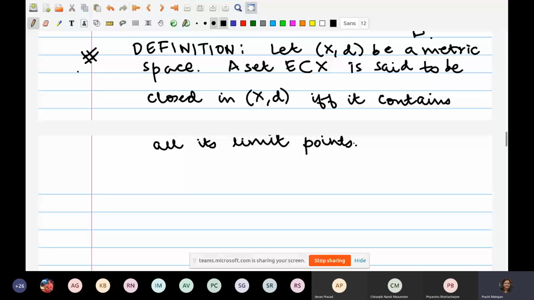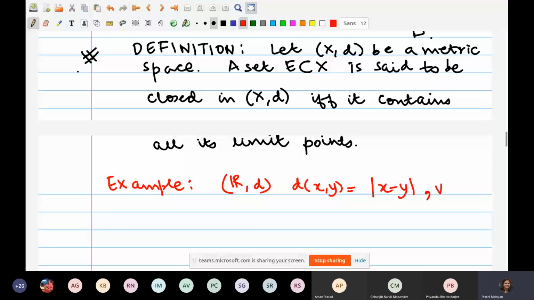Let's see examples and non-examples. So for example, let's stick to the Euclidean metric for now. I am considering the real line with the Euclidean metric. And what is my subset?